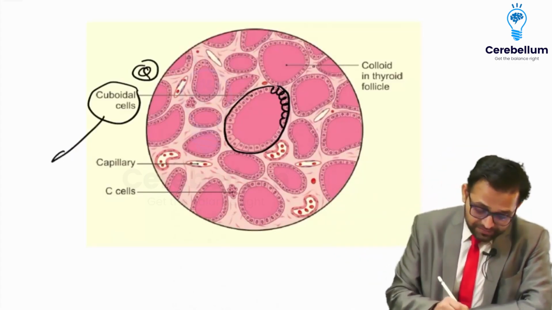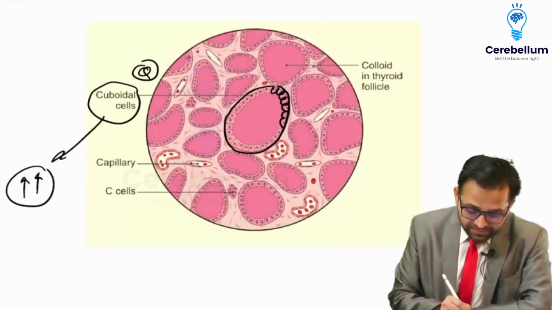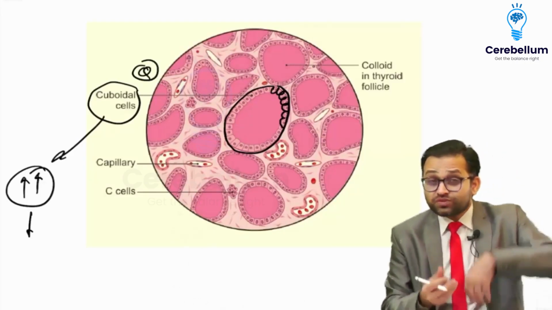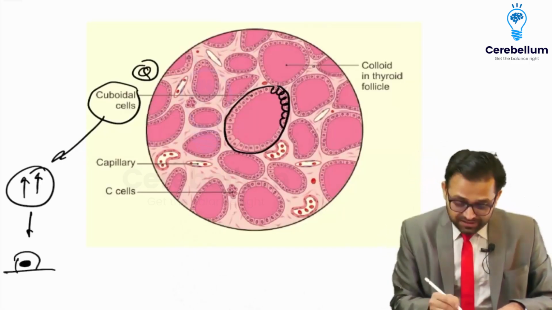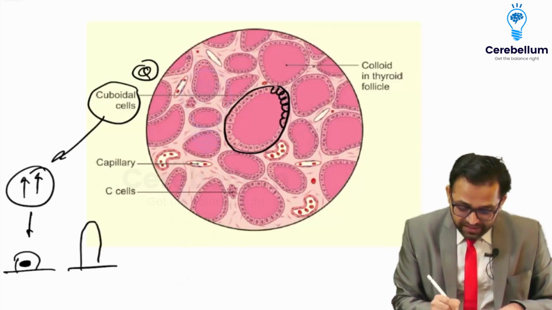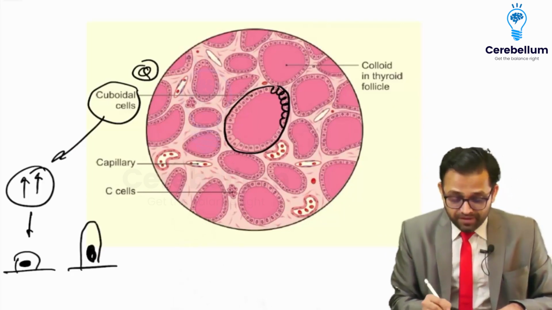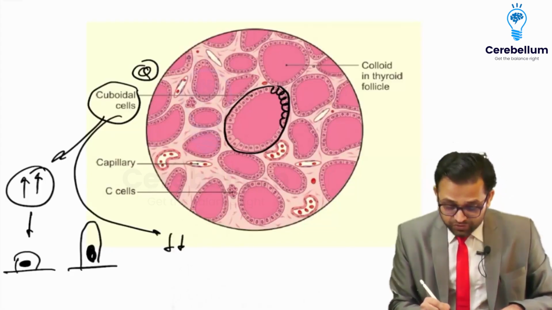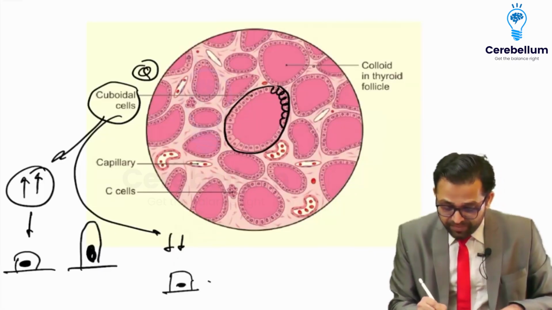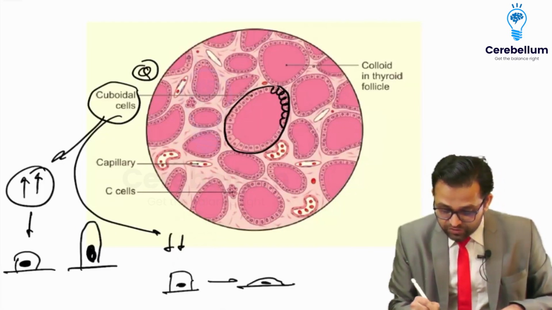But one update. When there is hyperactivity, hyperthyroidism, in that situation the cube-like cells are doing overactive synthesis, so they can convert into columnar. But if there is hypoactivity, hypothyroidism, these cuboidal epithelium may convert into flat squamous epithelium.